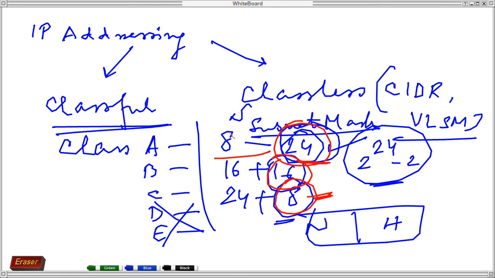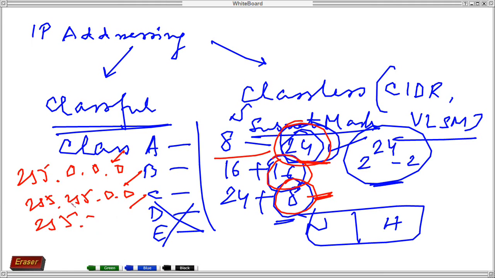It is called fixed length subnet mask. So in class A it is 255.0.0.0, class B it is 255.255.0.0, and class C it is 255.255.255.0. So how many bits are there in network? All bits set to 1, and the bits which are in host set to 0. And that is how we calculate.